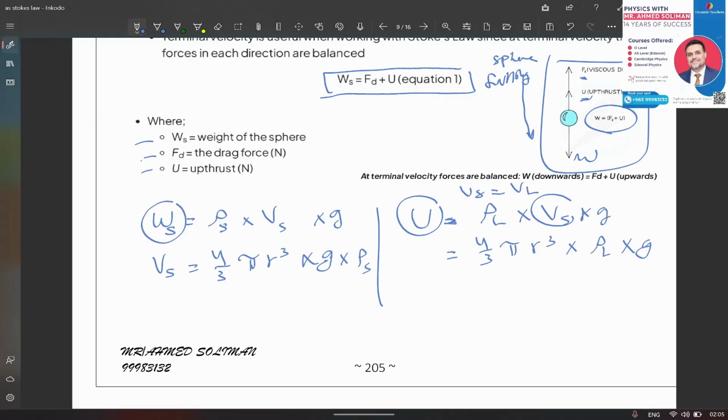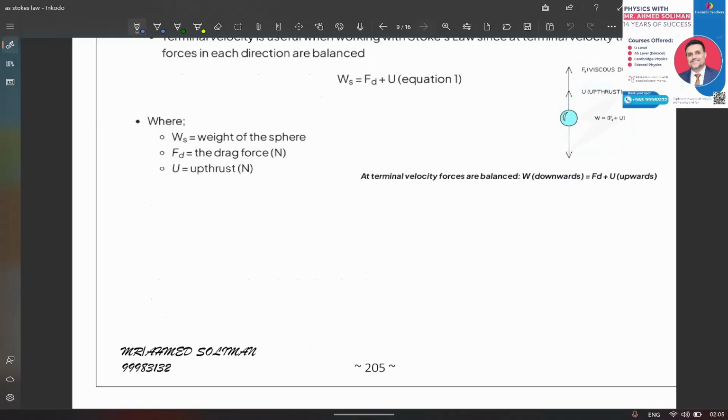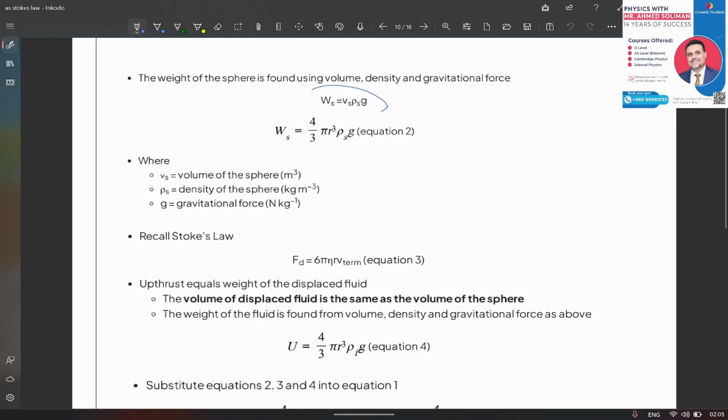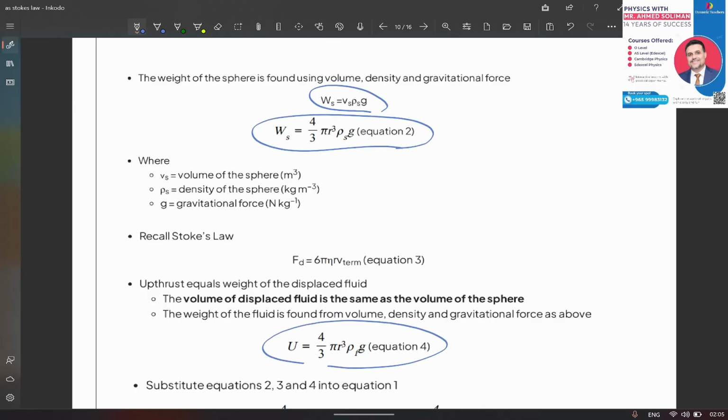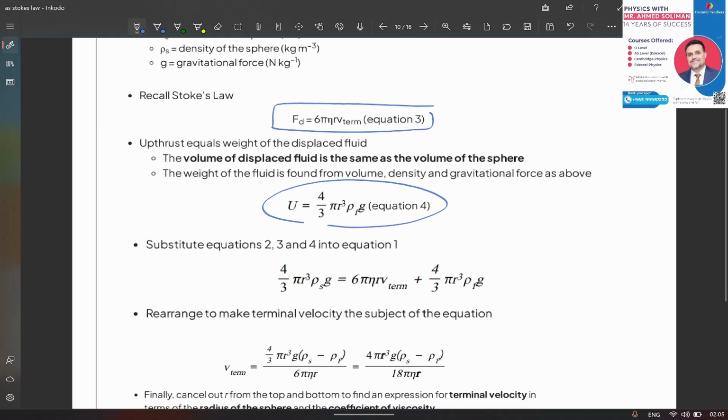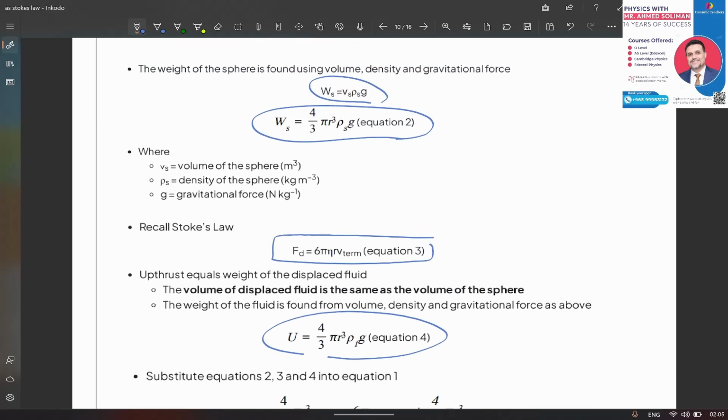Okay, let's move to the next. So now we have finished this part, and also we have finished this part. Now, as I said, if Fd is given, we said Ws equals Fd plus U. So if you want to find Fd, you have to subtract Ws minus U. This will be Fd.